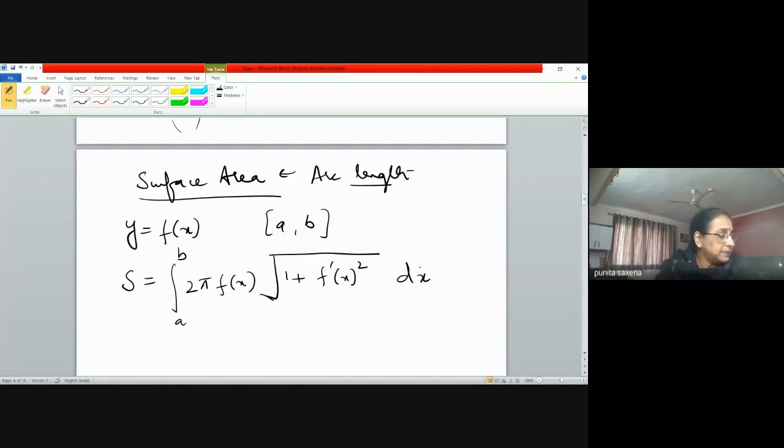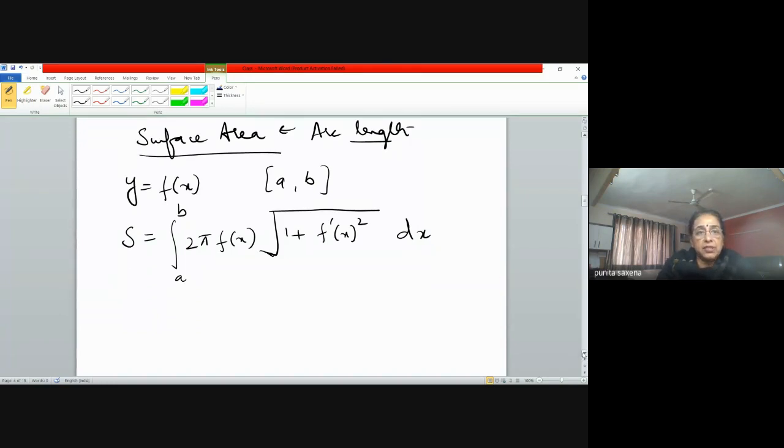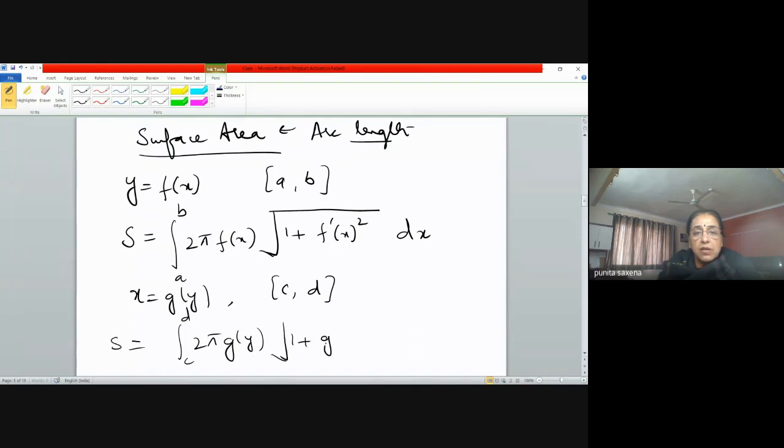Is that okay? And if your curve is of the form x equal to g(y) bounded between c to d, then the surface area is given by integral c to d 2 pi g(y) under the root 1 plus g dash y square dy.